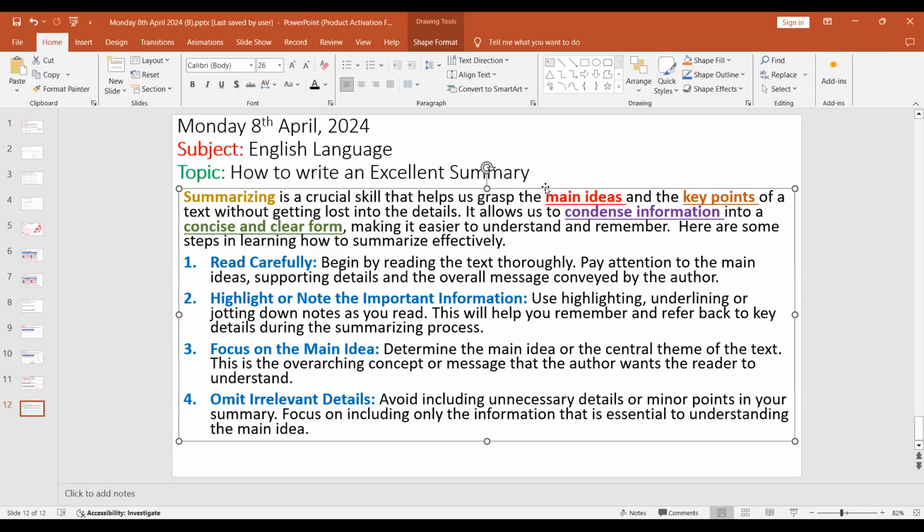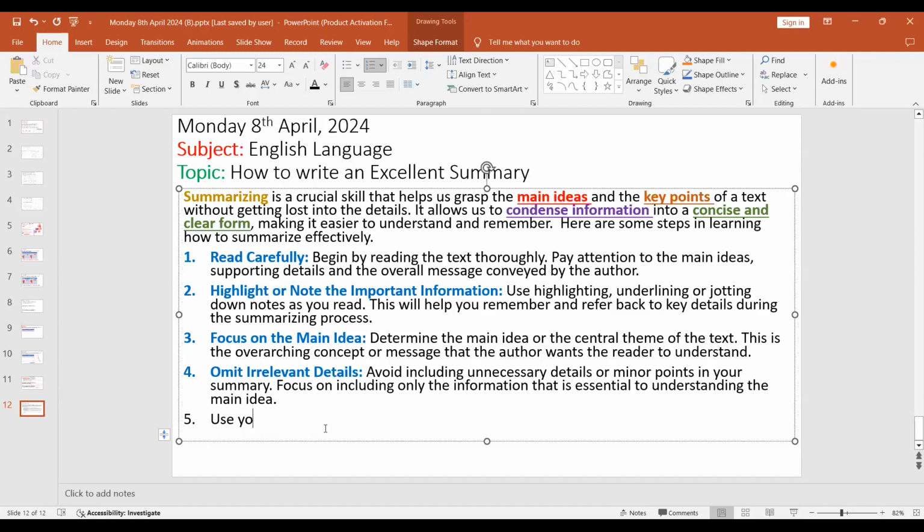What is very important that people don't think about whenever they're writing a summary is you have to use your own words. Whenever you're writing a summary, you are not rewriting the story, right? So you have to blend it with your own words.